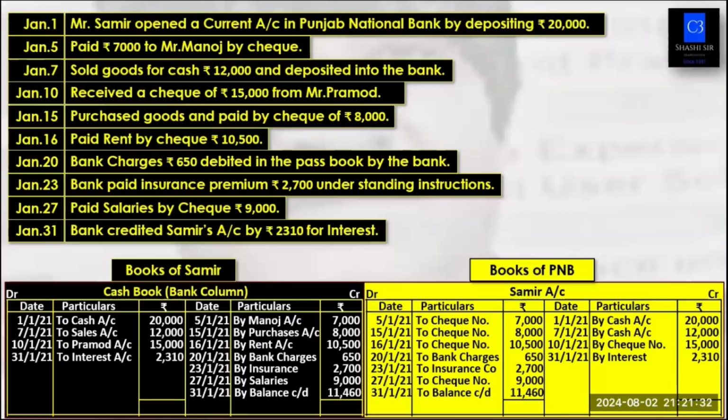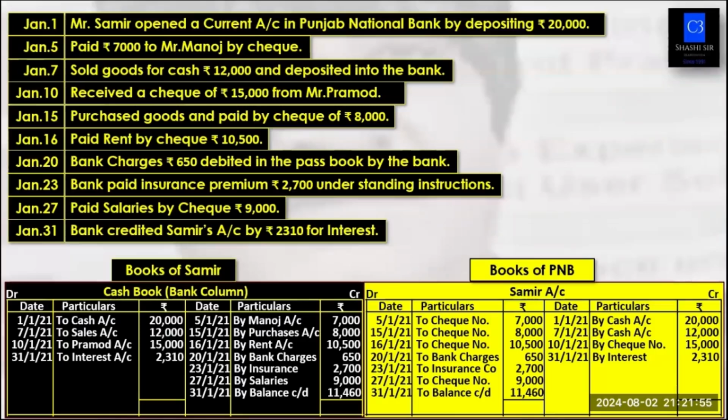In that case, the balance will not be same. There will be difference. And to explain the reasons of the difference in these two balances, we prepare bank reconciliation statement.